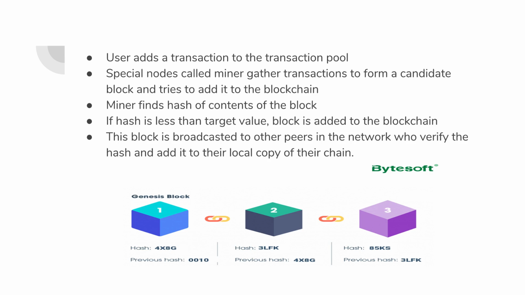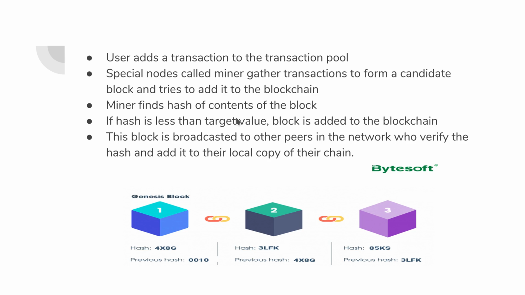The miner then finds the hash of the block by finding the hash of each of the transactions, continuously until he gets a hash which is the root of the Merkle tree, and he adds a nonce to this hash so that it satisfies a condition that the hash should have this many zeros, or the hash should be less than a target value. Then the block is added to the blockchain.